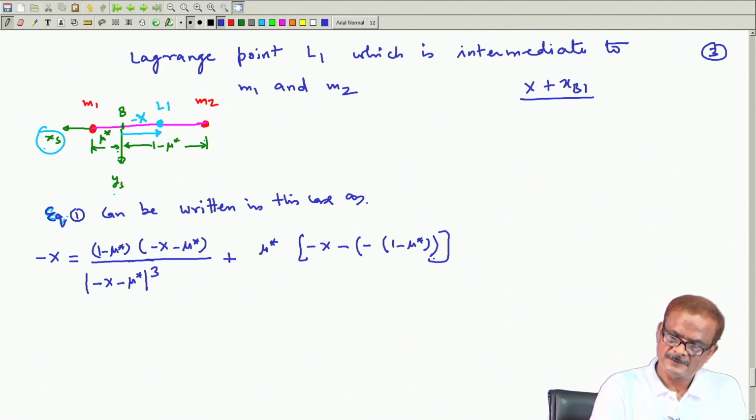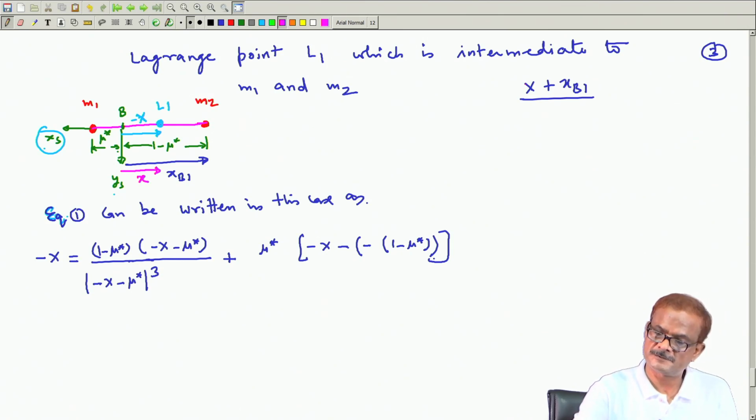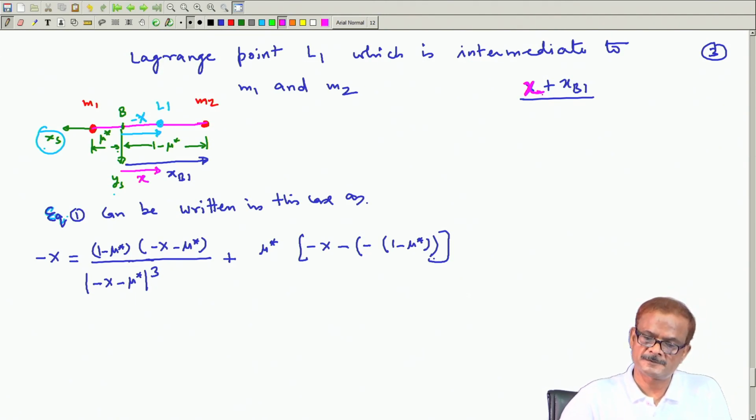Now, here in this case what we see, that x b 1 is the distance from here to here, while x is the distance from this place to this place. This is, let us say, the small x in terms of writing. Okay.